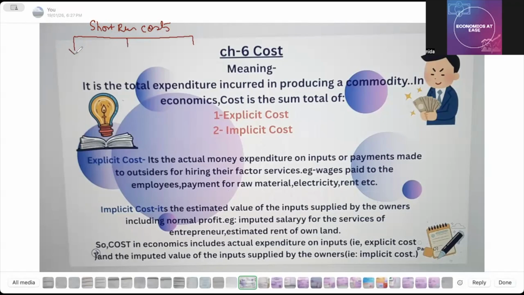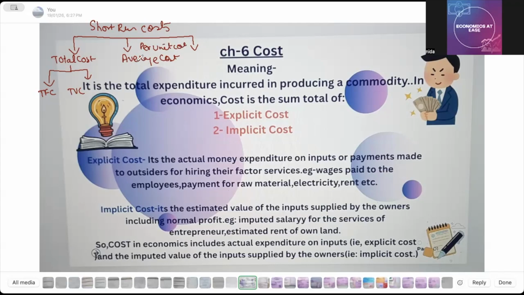Under short run cost, we will study three main topics, the kinds of cost. The first one is total cost, which is the addition of two costs, that is TFC and TVC. I've already sent each and every video in detail. Then comes the average cost, that is per unit cost.